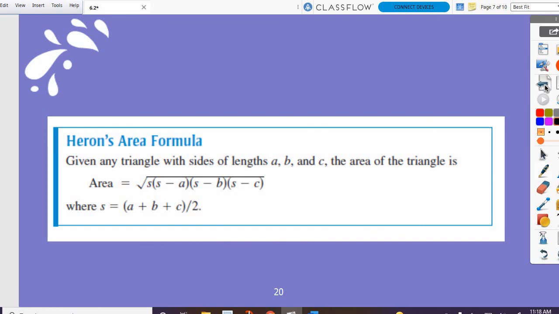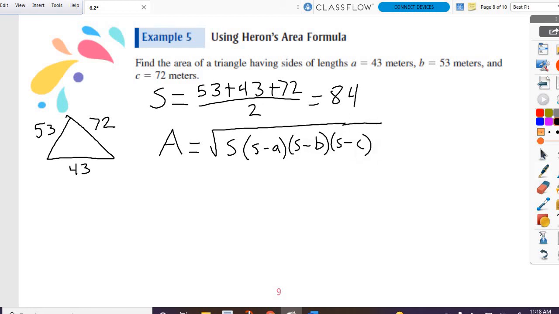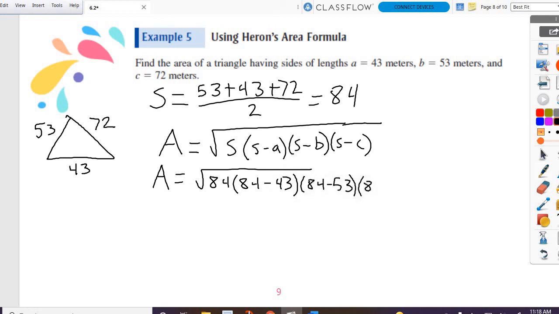So we have the square root of S times S minus A, times S minus B, times S minus C. Agreed? So we have 84 times 84 minus 43 times 84 minus 53 times 84 minus 72.